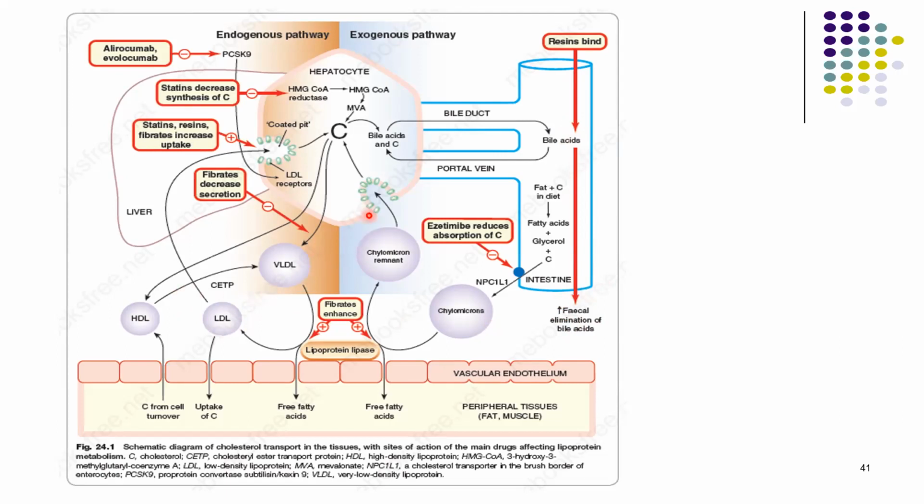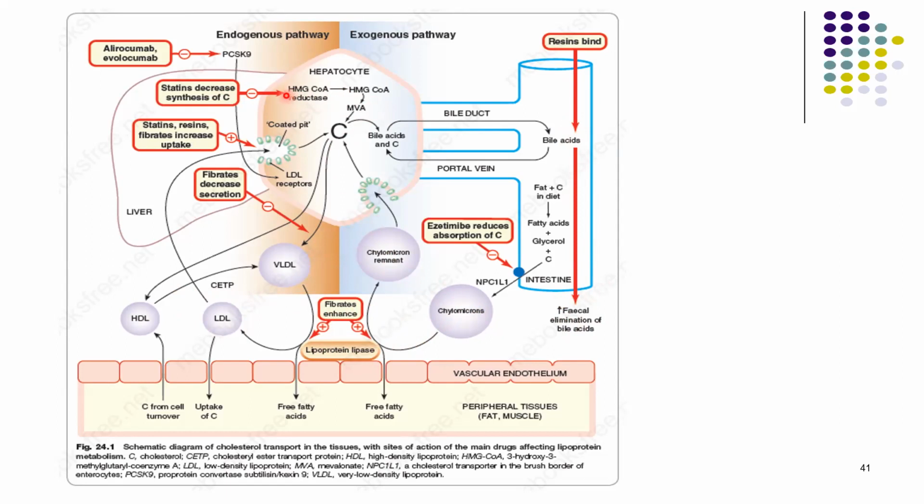And then we can have the chylomicron here to increase the lipoprotein lipase, that is the work of fibrates. Fibrates enhance lipoprotein lipase. Okay, statin is to decrease the synthesis of cholesterol.